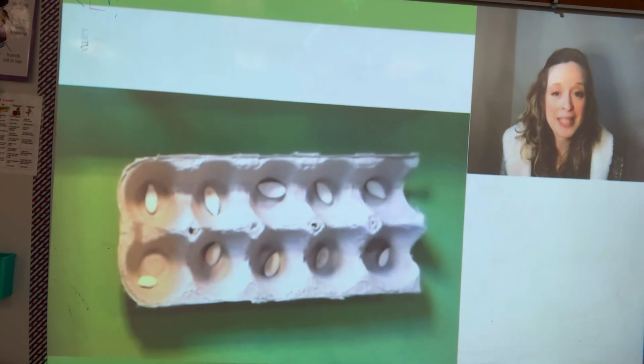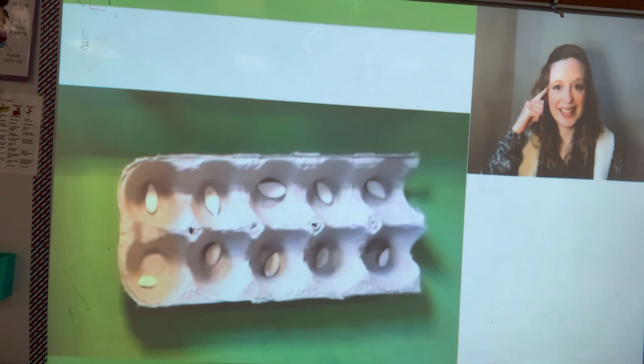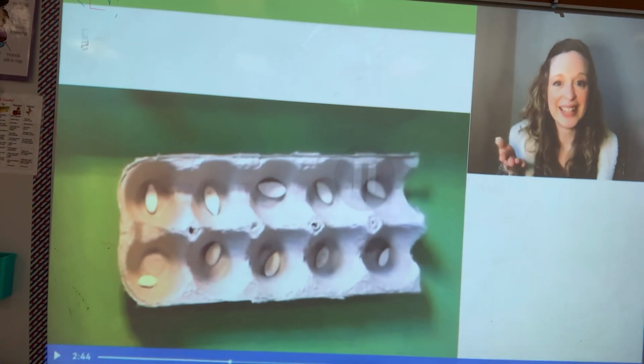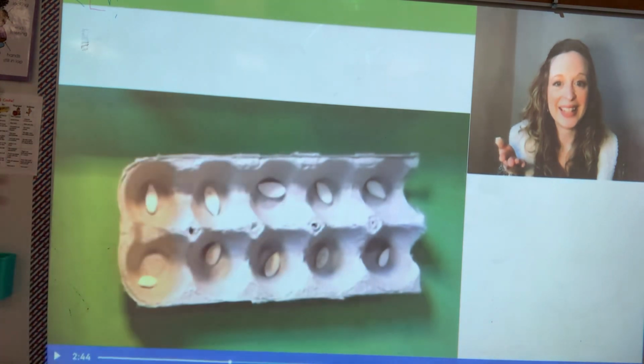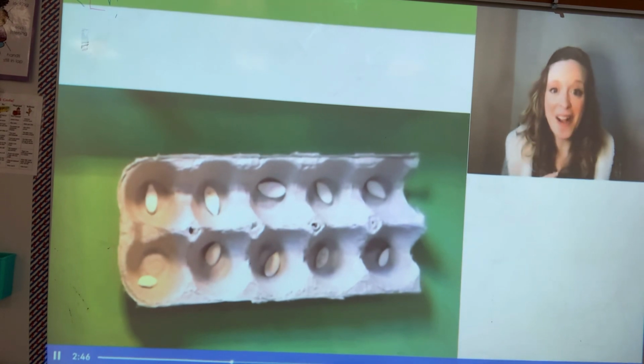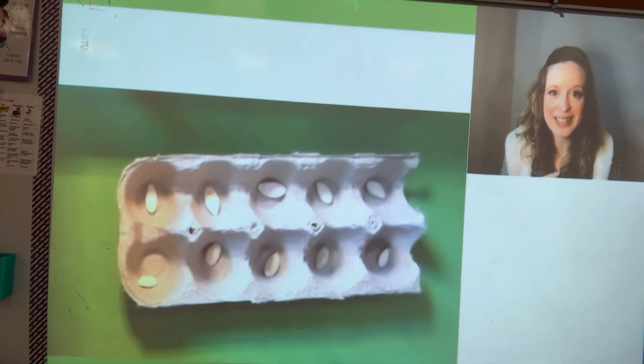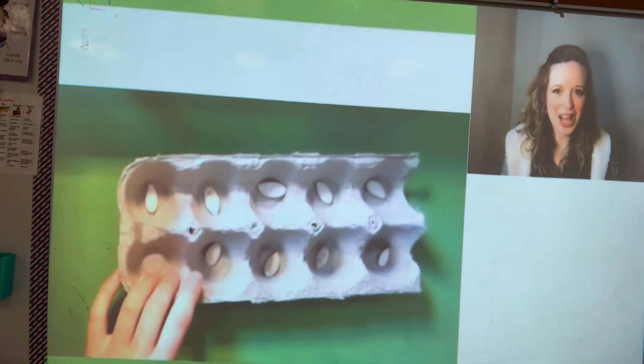How many pumpkin seeds are there, friends? Think. Show them. Say it. 10. That's right. There are 10 pumpkin seeds. Wow, this egg carton really helped.